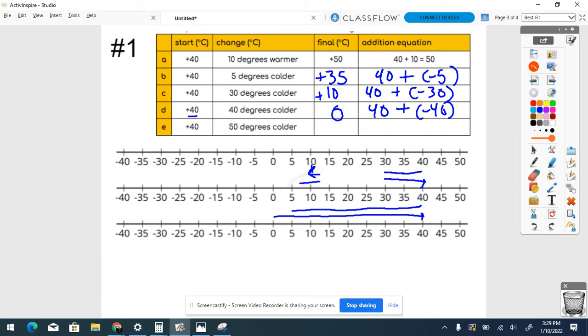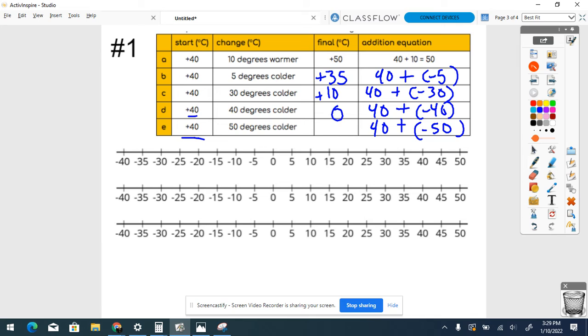I'm going to erase these number lines really quick so we have space to do the last one. So once again, for E, I'm starting at 40. Now it says 50 degrees colder. Gosh, so I'm going to go down 50 degrees. Well, I know I'm adding, but if I'm going to go down 50 degrees, that has to be negative 50.